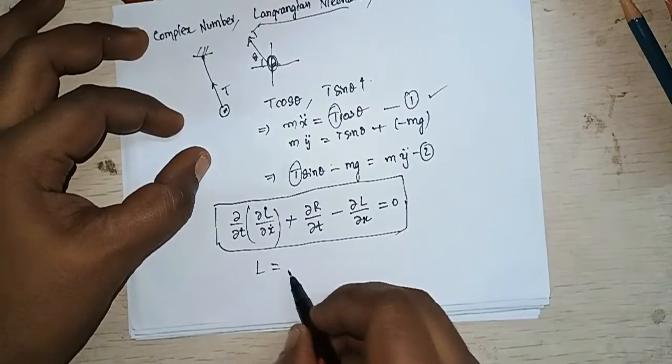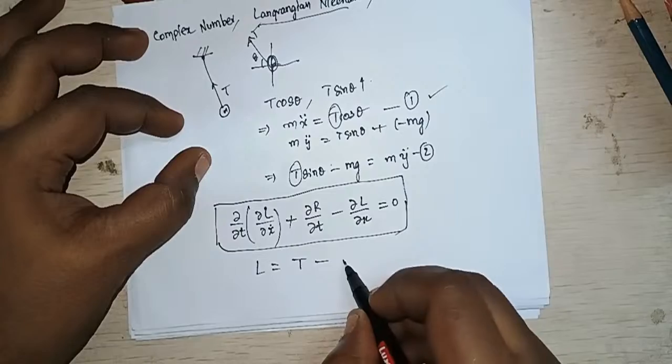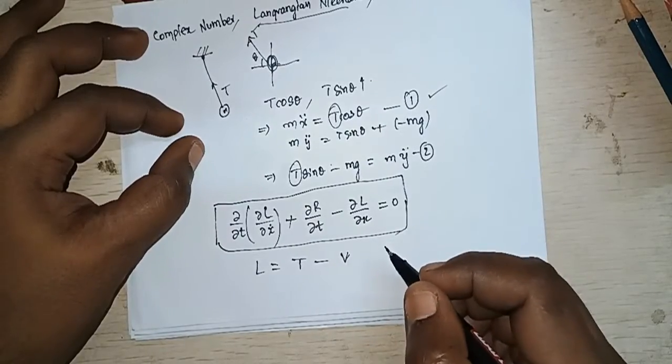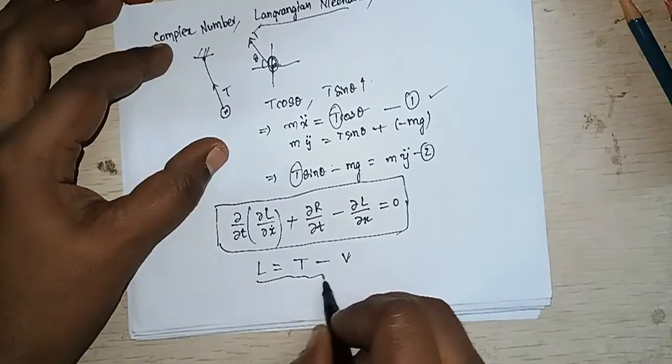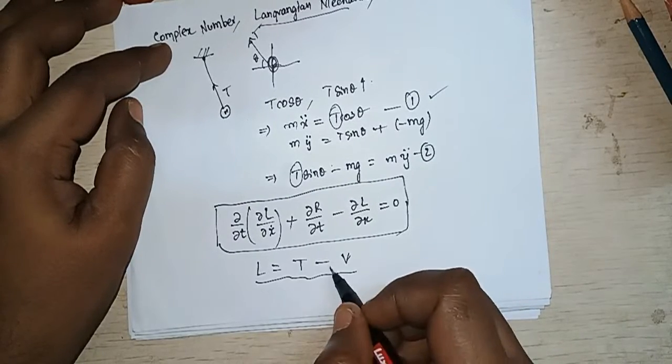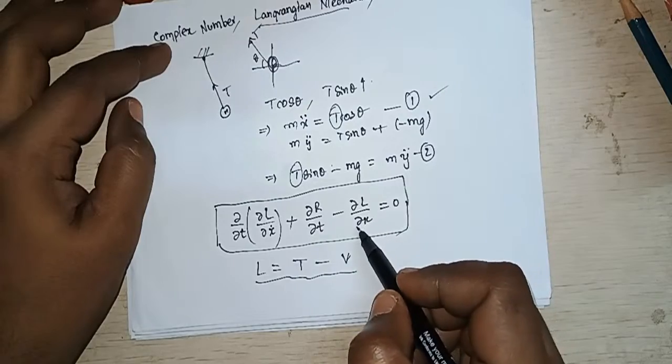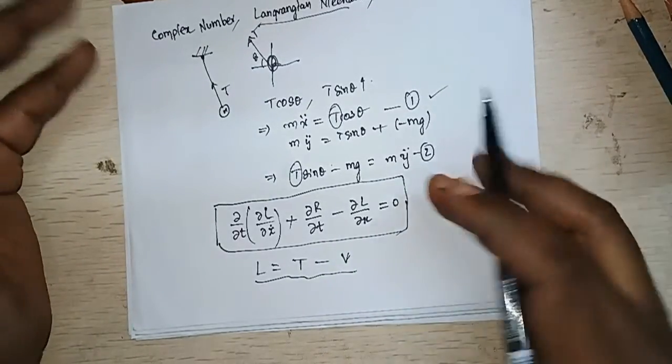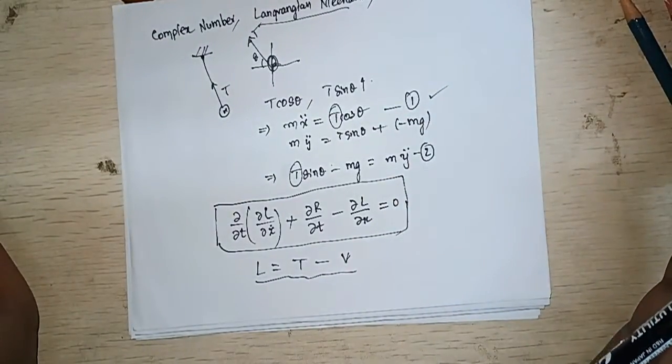L is equal to the sum of the kinetic energy minus the sum of the potential energy. That's all. You have to develop this Lagrangian function, and then all you have to do is differentiation.